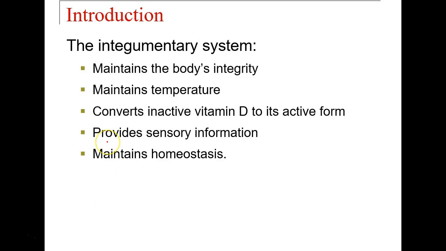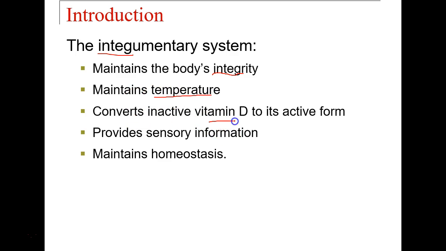The main purpose of the integumentary system is protection of the body. So we're maintaining the integrity. Look at that: integrity, integumentary system. Coincidence? I think not. We're maintaining temperature, and we do this through sweat glands.